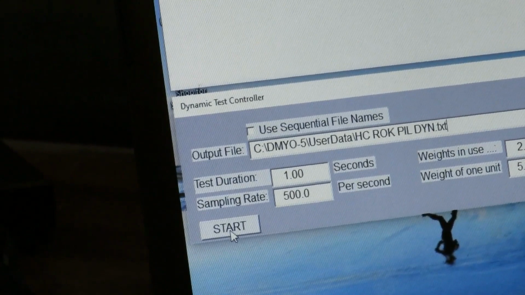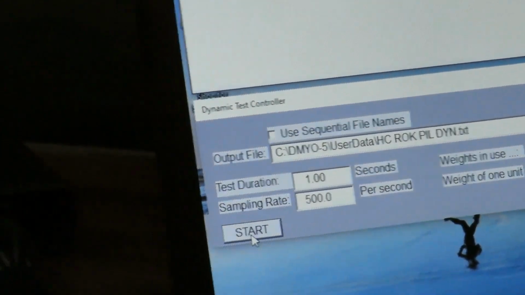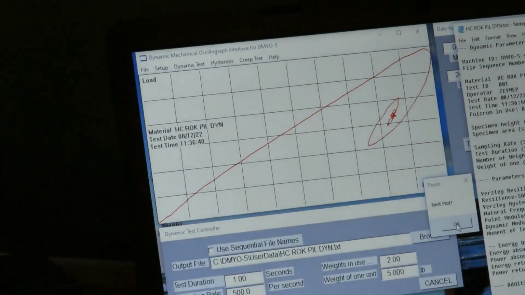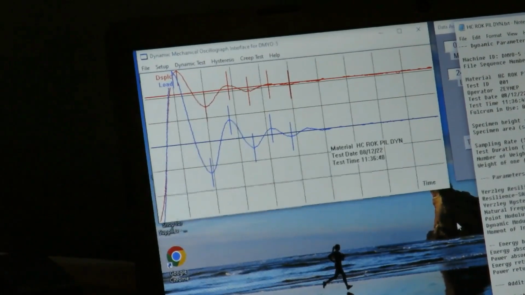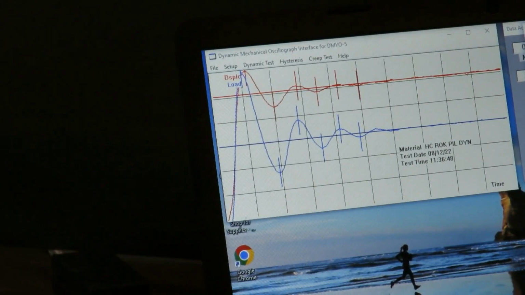Hysteresis. This is dynamic. Okay, and the plot appears. There are 2 of them. One shows the load versus displacement against time, and the other one, the earlier one, shows load versus displacement.